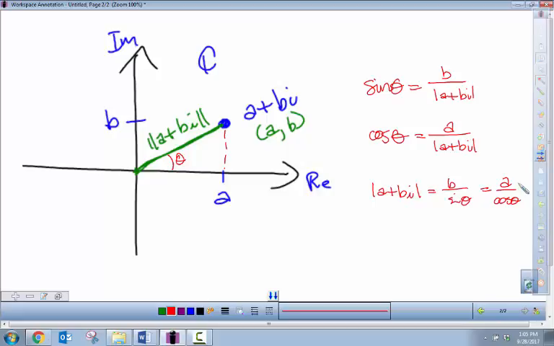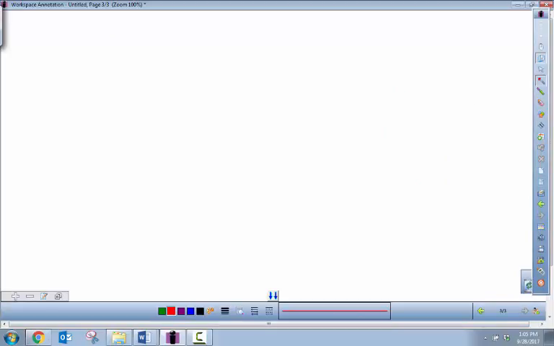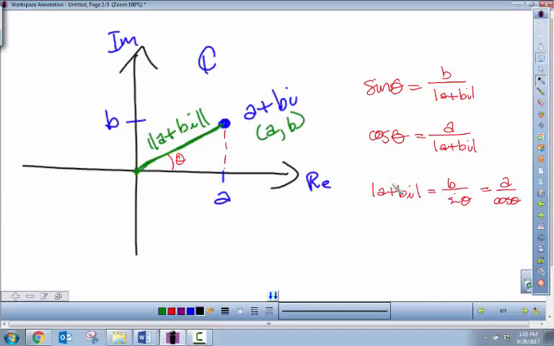So I think we went on the wrong tangent. So let's try another. Oh yeah, tangent. Because sine over cosine is tangent, which is equal to b over a.